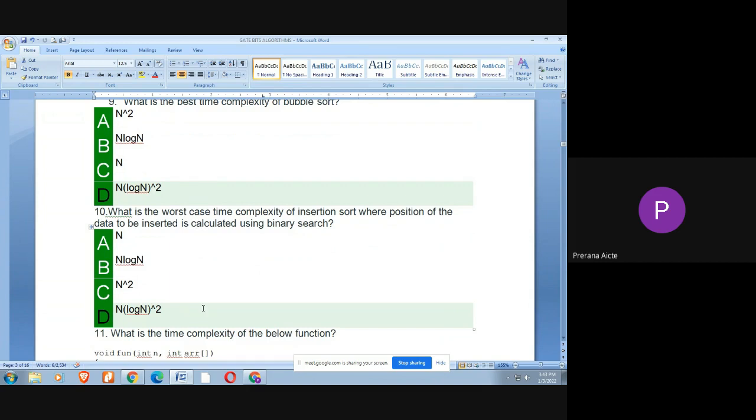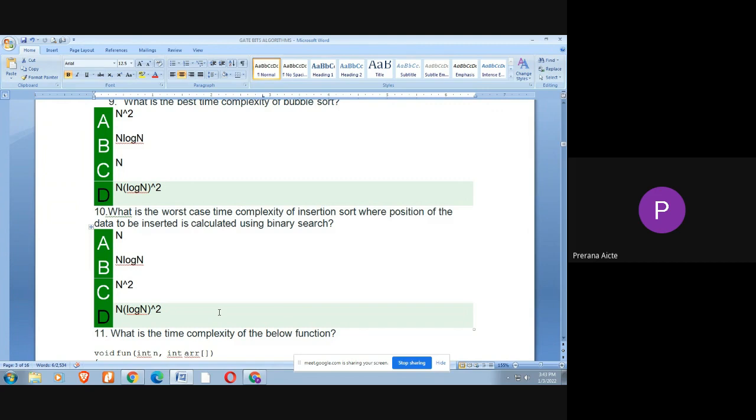Applying binary search to calculate the position of the data to be inserted does not reduce the time complexity of the insertion sort. So though you use binary search to find the position of the element to be inserted, it does not change the time complexity of the insertion sort.